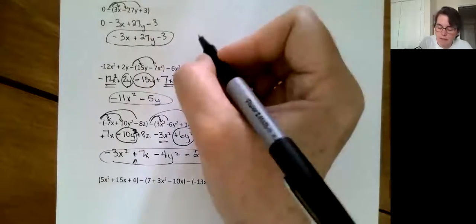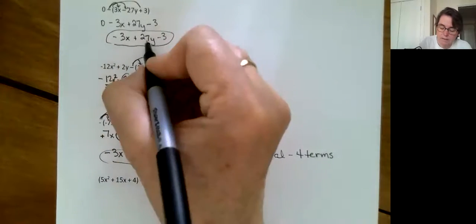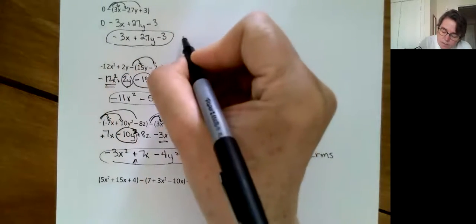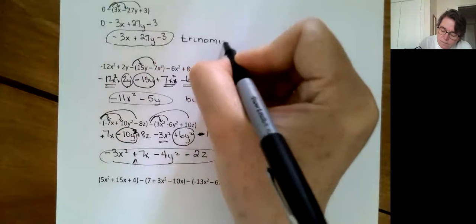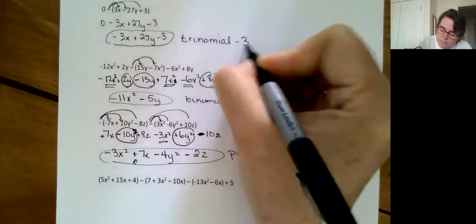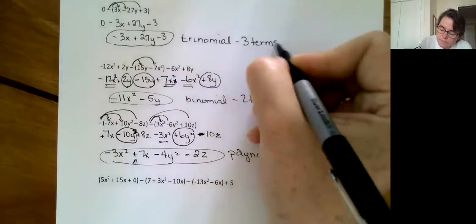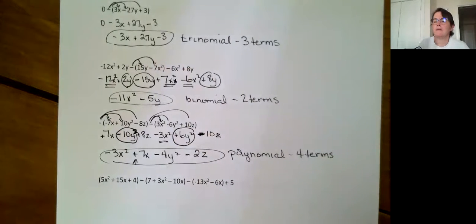That one, let's see, 1, 2, 3, 3 terms. So it's a trinomial. If you're wondering, do you have to do that on a question? No, that was just a bit of random review to throw in.